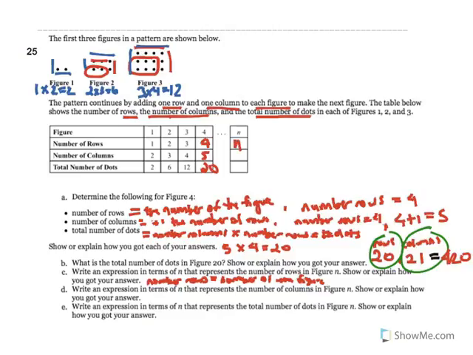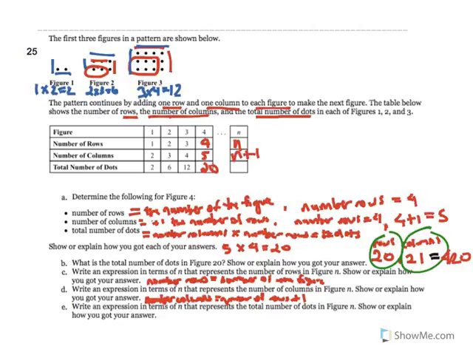Okay? D says, write an expression in terms of n that represents the number of columns in figure n. Show or explain how you got your answer. Okay, well, the number of columns is equal to one more than the number of rows. So number of columns equals number of rows plus 1. So if the number of rows is n, the number of columns must be n plus 1.